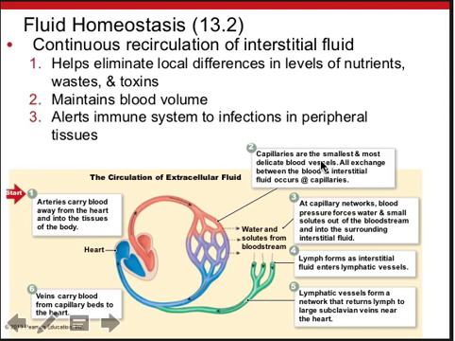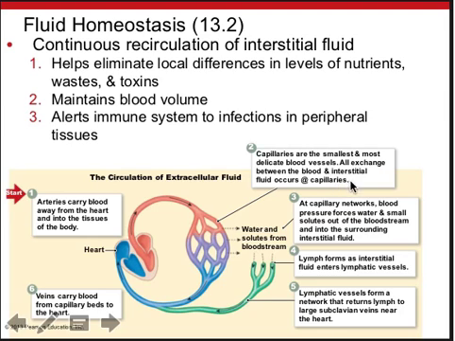So you can see here that the capillaries are smallest and most delicate. In fact, they're so numerous that we don't even bother to name all of them, and they're relatively insubstantial. It's just endothelial cells and basement membrane, and that permits an ease of exchange of nutrients and waste products, as well as oxygen and carbon dioxide.